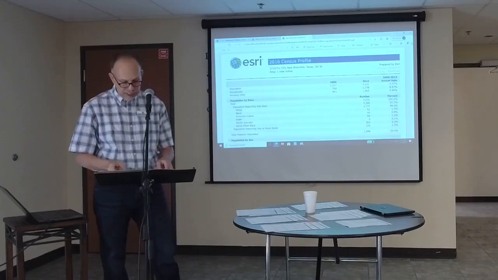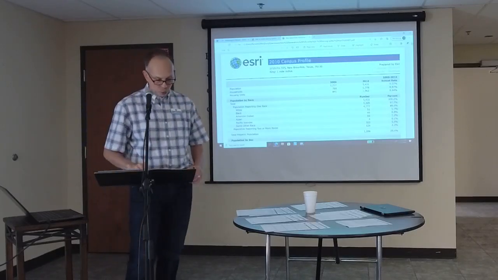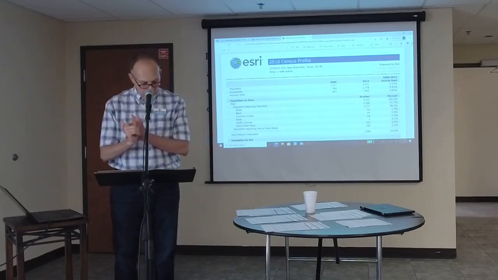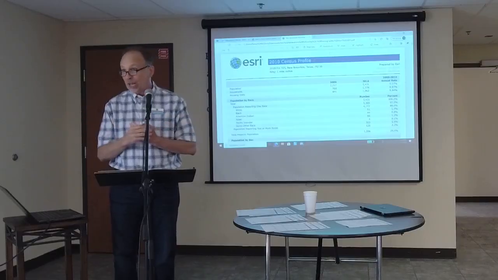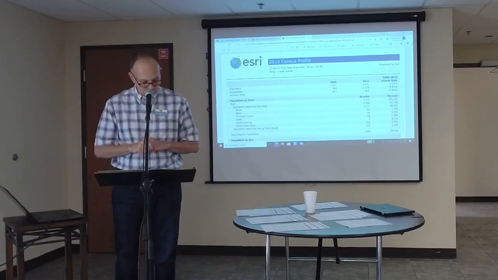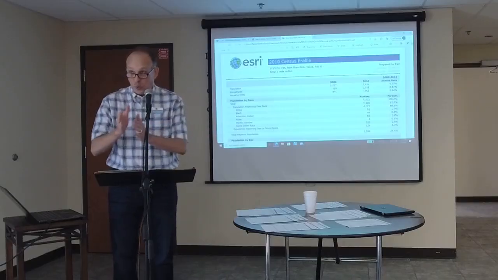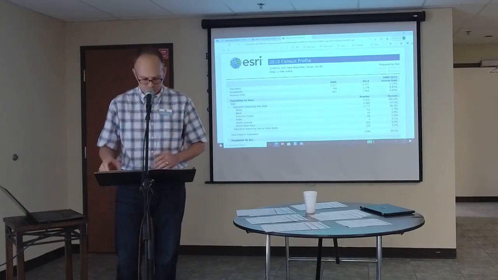Some of the key data that you're going to want to look at in this census profile report is, first of all, total population, obviously, how many people are there, total number of households, which is also then going to give you average household size, which can be useful, annual growth rate between the previous census and the most recent one, so it'll give you growth rate between 2000 and 2010.